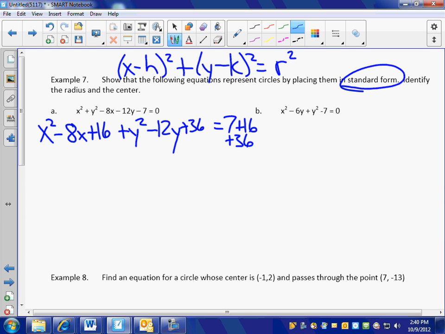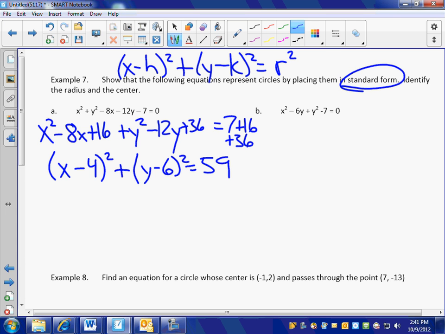All right, so this factors down. x squared minus 8x plus 16 factors down to (x minus 4) quantity squared. Plus (y minus 6) quantity squared equals 59.